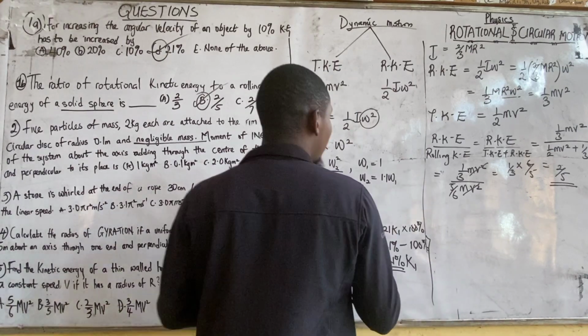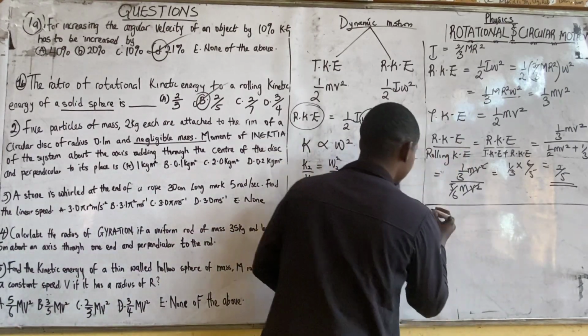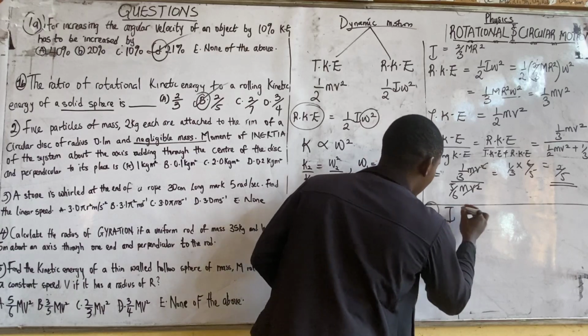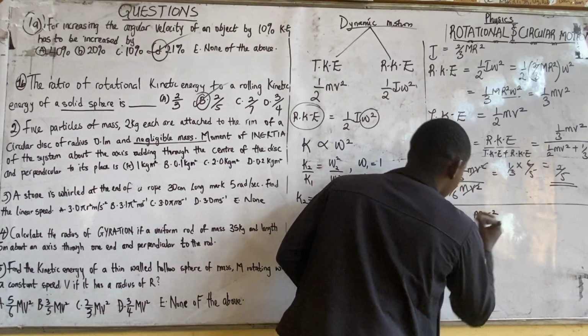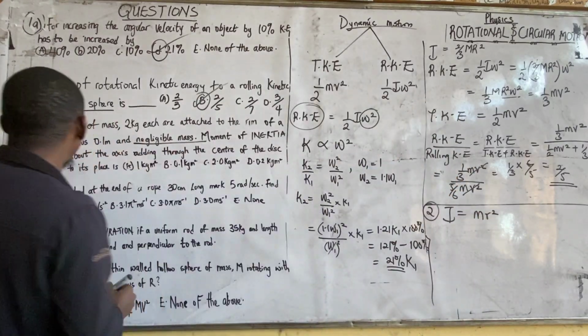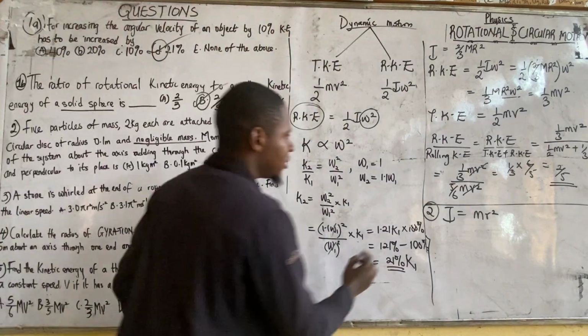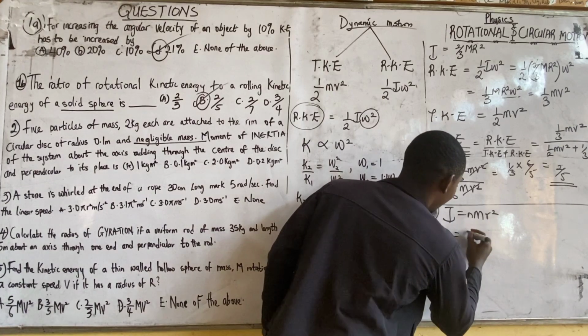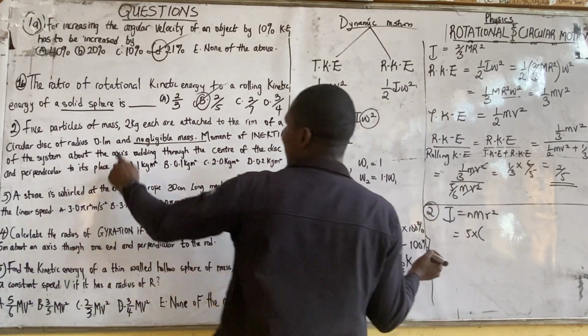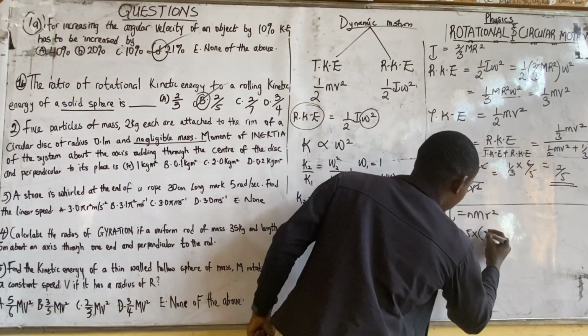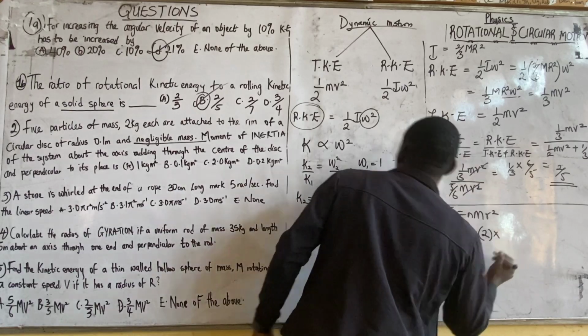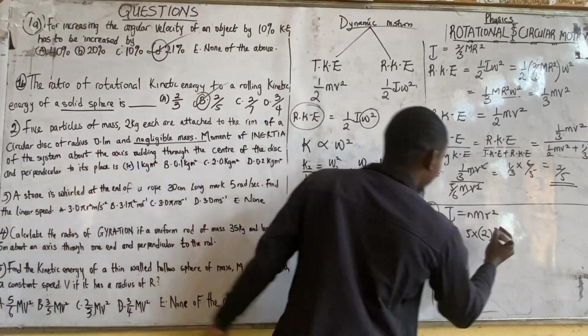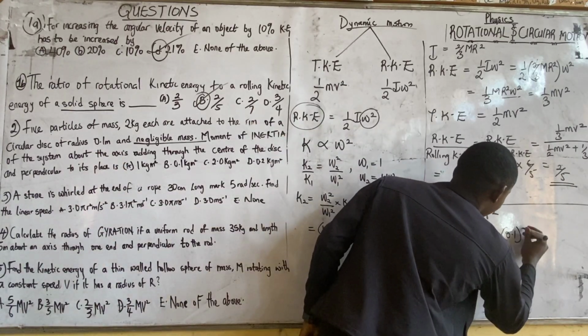And we've known before now, generally, that the moment of inertia of a body is mr squared. Now, what are the total number of masses attached? 5. So in that case, we are going to have 5 times, the masses are what? 2 kg each, 2 times, while the radius is what? 0.1, then squared.